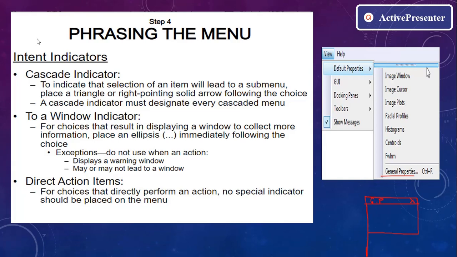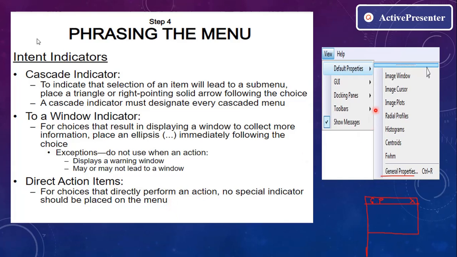And next is about direct actions. So what are direct actions? For example, here in the submenu you have image cursor or image plots. You don't have any cascade indicators or window indicators for this menu, because this leads to a direct action. This is called a direct action item. For choices that directly perform an action, no special indicator should be placed on the menu.